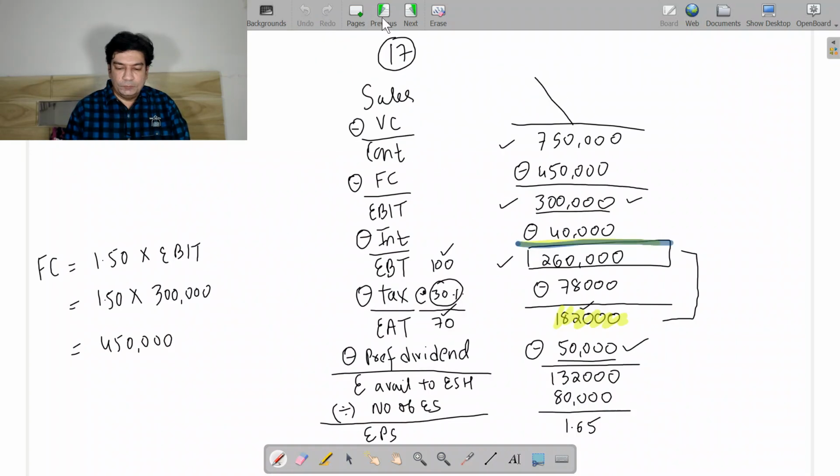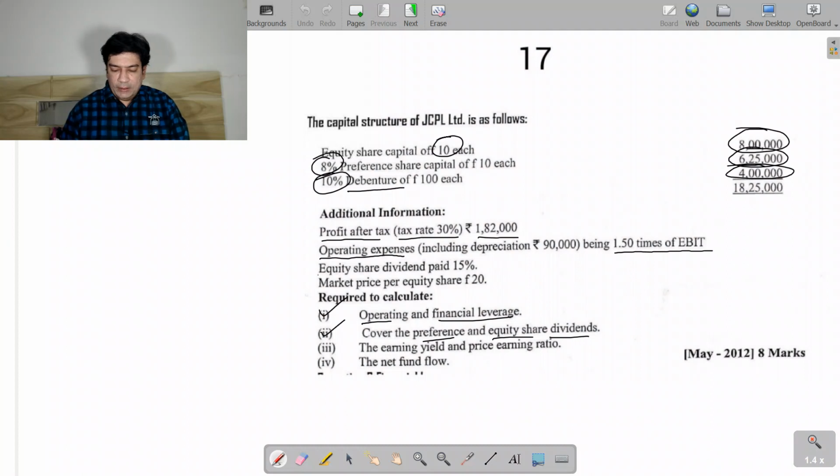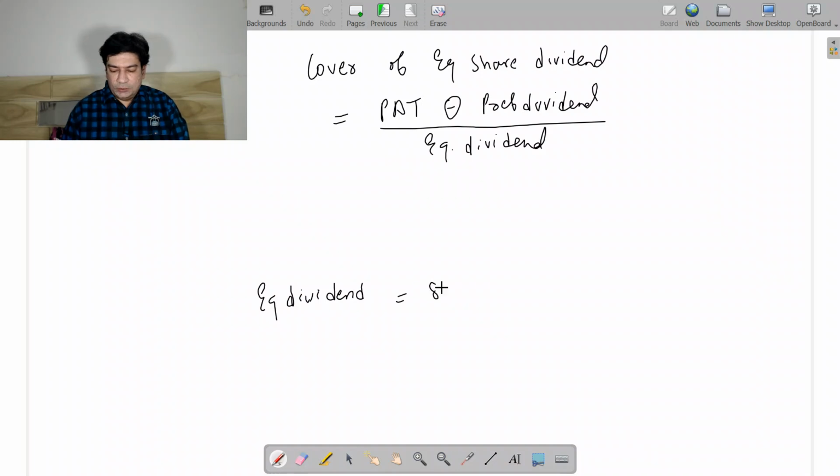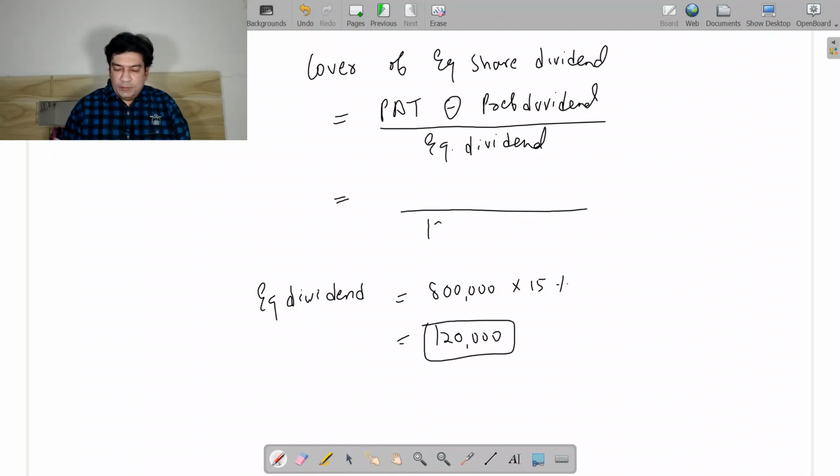The equity share dividend is paid at the rate of 15%. So on this 8 lakh of capital, 15% is the rate. So 8 lakh into 15%. So 1,20,000 is the equity dividend. So I know the equity dividend to be 1,20,000.